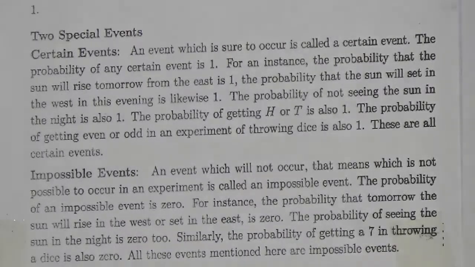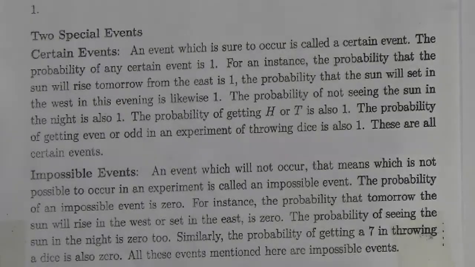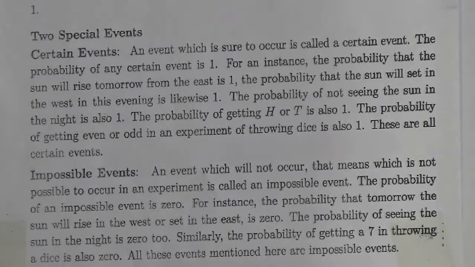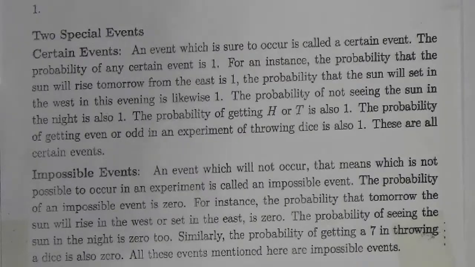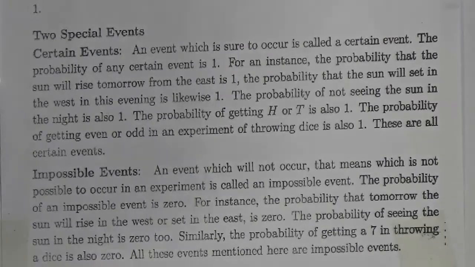It means there is no favorable outcome. If there is no favorable outcome, then the event will never happen. In that case, the probability of that event will be 0, and that event is known as an impossible event.